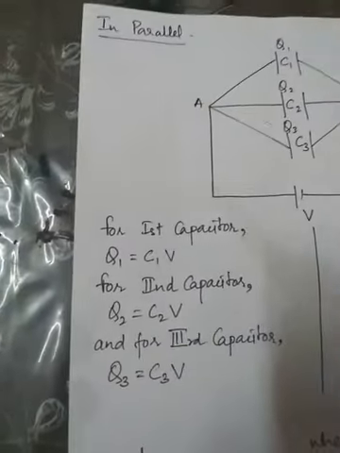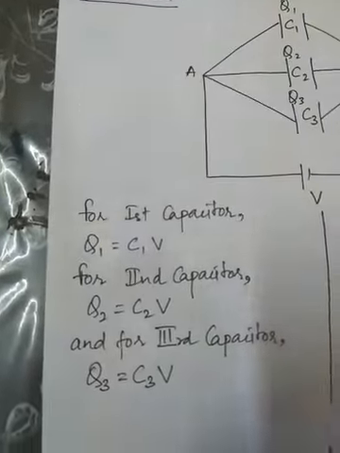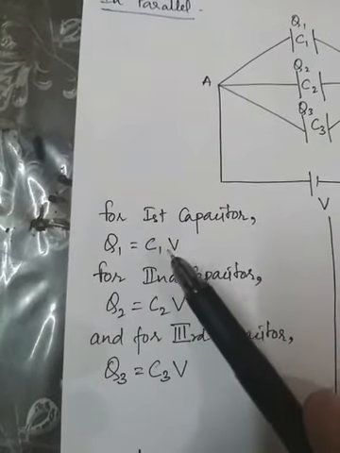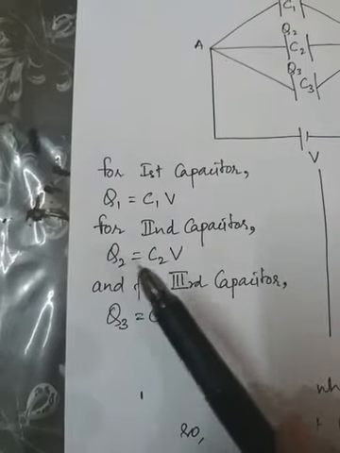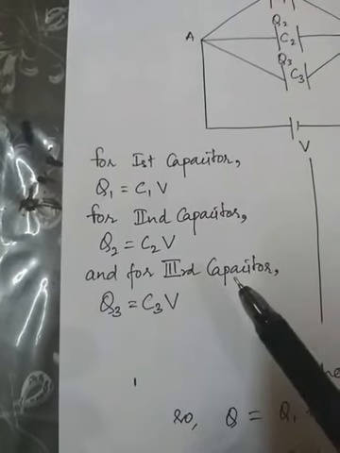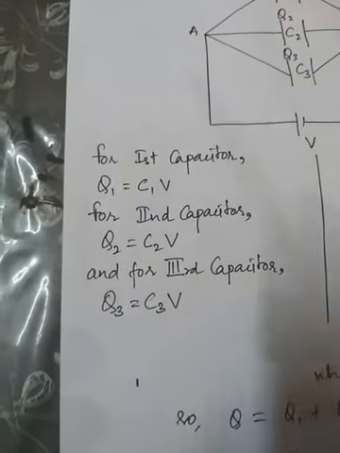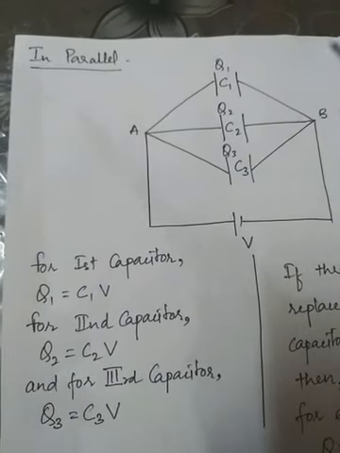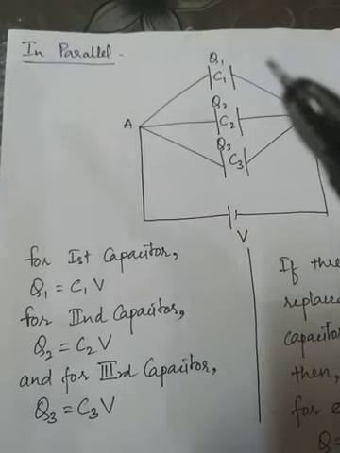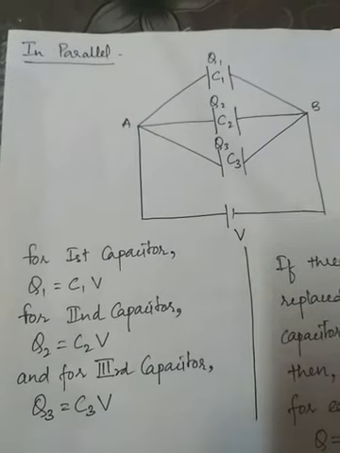So according to the definition of capacitance, for first capacitor we can write Q1 is equal to C1V, for second capacitor Q2 is equal to C2V, and for third capacitor Q3 is equal to C3V. From the diagram it is quite clear that voltage is same across each of the capacitor if they are connected in parallel.